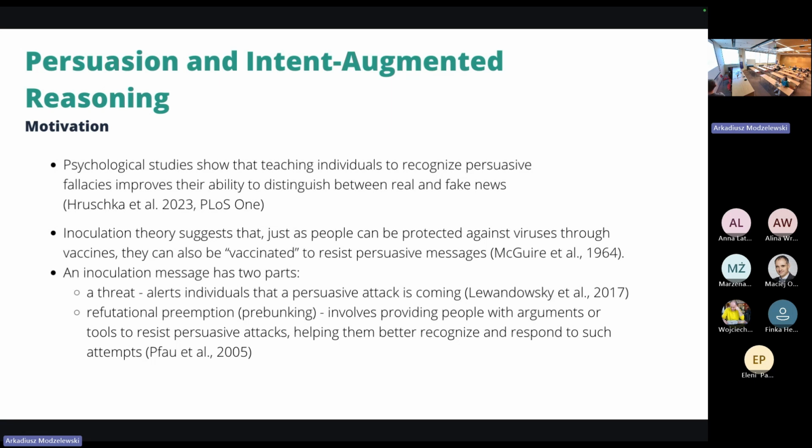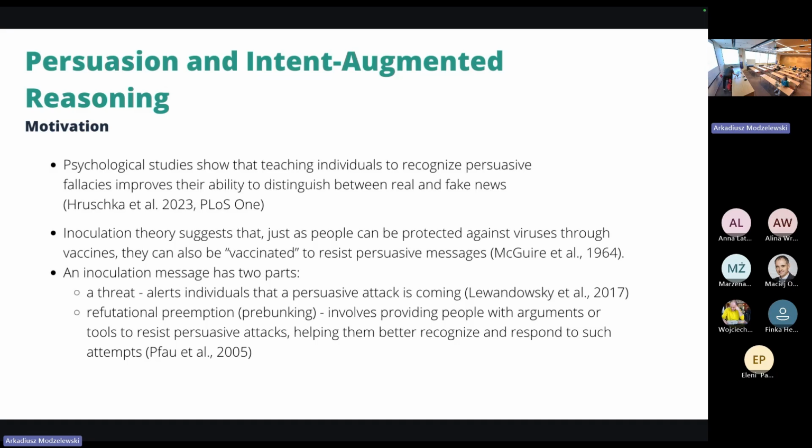The next part is prebunking, which is also called reputational preemption. And it involves providing people with different arguments, with different tools, devices that help them to resist persuasive attacks. So it helps them to better recognize and respond to these attacks, to disinformation attacks or persuasive attacks.